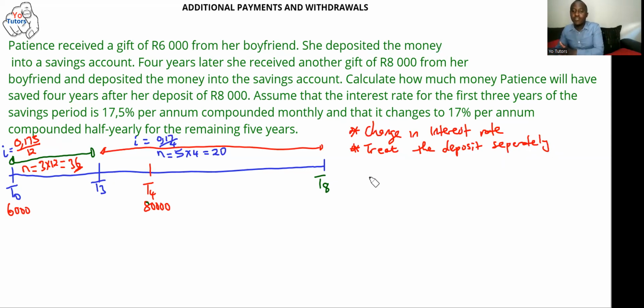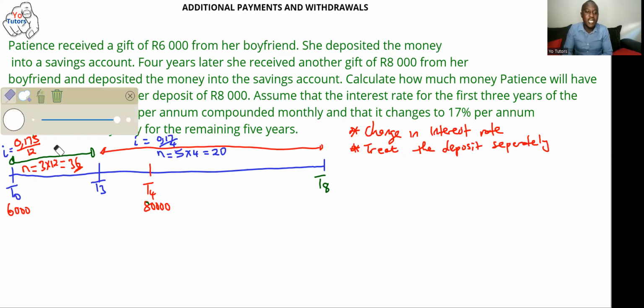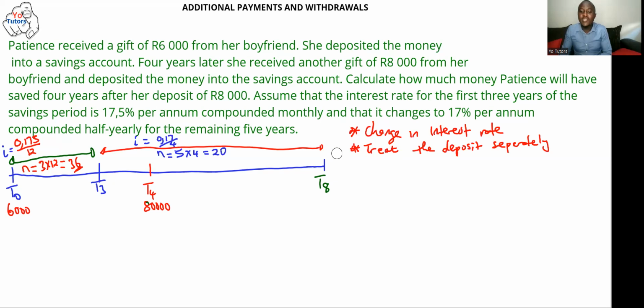Look at the change in interest rate. That's what's going to guide you. And again, you must treat the deposit separately. So here, look for change.